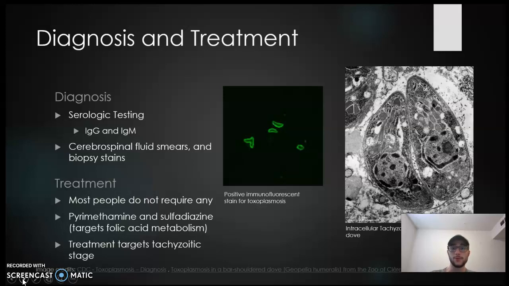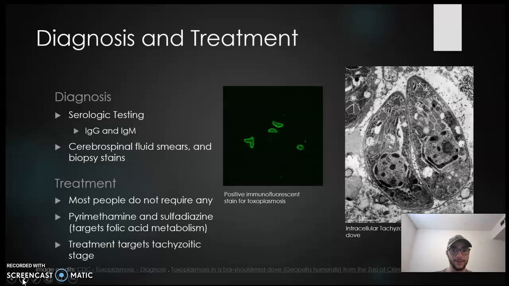So the treatment, most people don't require any. It's not very severe. For those who do, they take pyrimethamine and sulfadiazine and a folic acid supplement because it targets the folic acid metabolism. It targets the tachyzoitic stage because the tachyzoitic stage rapidly reproduces. It rapidly replicates its DNA, and the folic acid metabolism is what is required for DNA production.